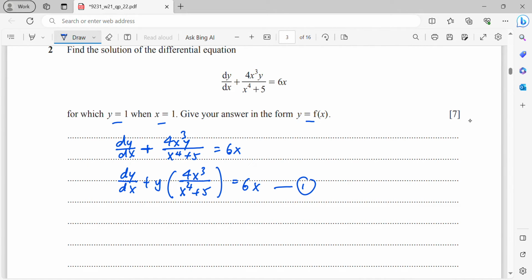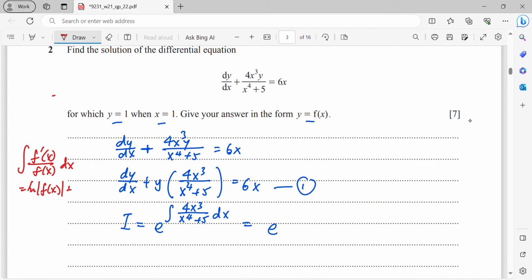So now my integrating factor I is the exponential of the integration of 4x cubed over x to the power 4 plus 5 dx. From here, I need to apply the ln formula: the integral of f prime x over f x dx is ln f x plus c.